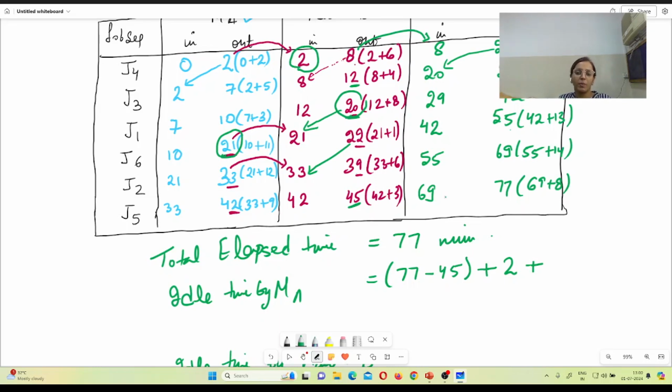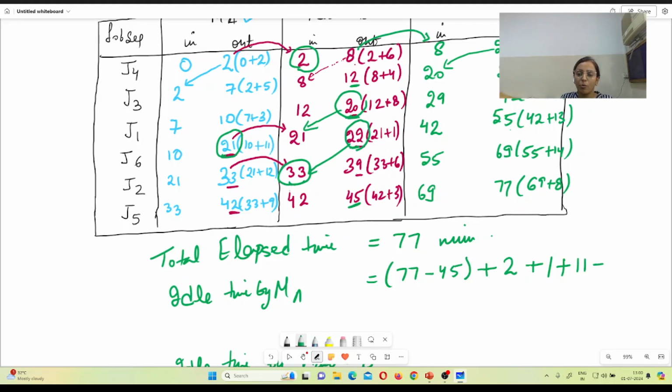Now check it one by one. 8 by 8, 12 by this 12, but 20 and 21. That means machine B has completed their work at 20, but they started at 21. So again, they have to wait for 1 minute over here, right? Add one. Now coming over here is 22, but they started at 33. So that means for 11 minutes again they have to wait, plus 11.